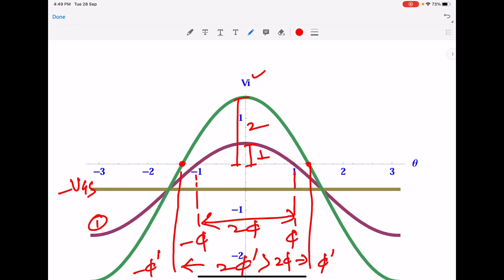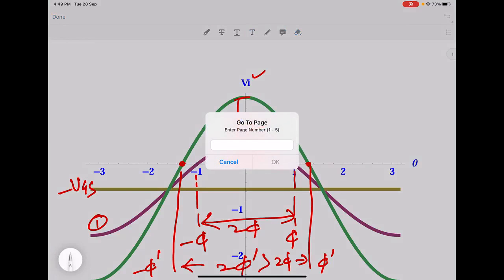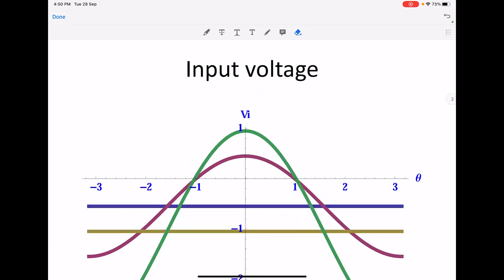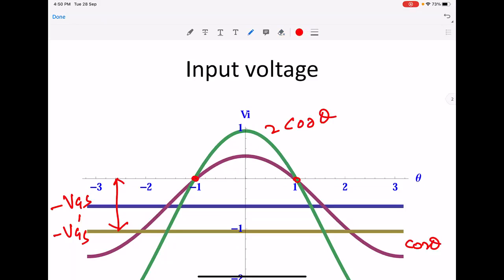So what we will have to do is we will have to now change the DC. So we will have to bring down this DC, so here you can see that what we have done now is change the DC. Earlier we had minus VGS, now we have minus VGS dash. So we have brought down the DC at the gate so that the zero crossing even for 2 cos theta is same as that for the cos theta case.